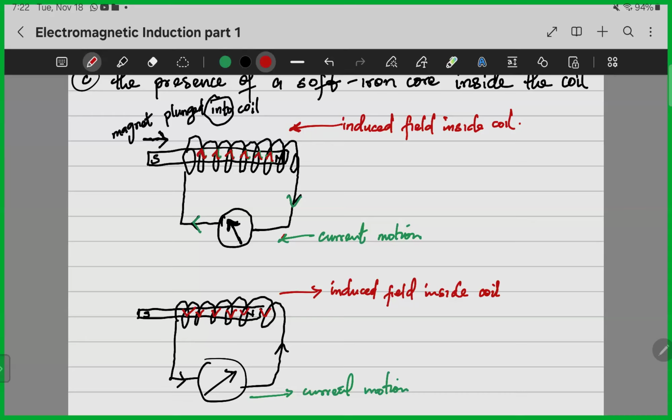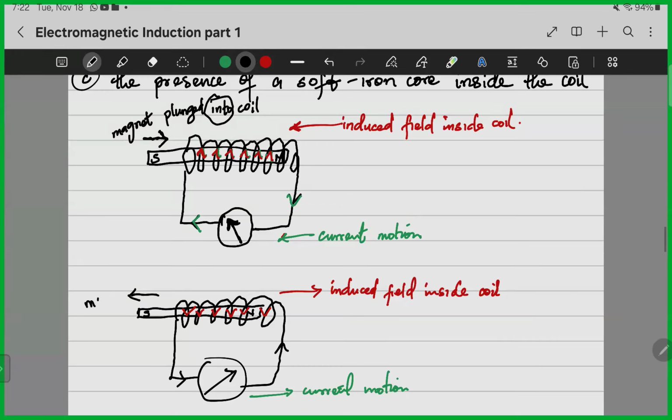This time around, the magnet is pulled out of the coil.